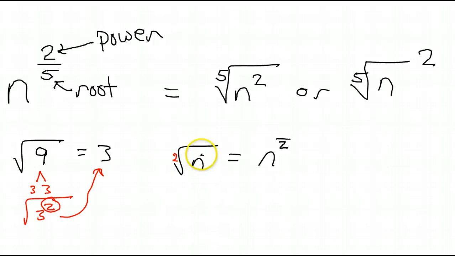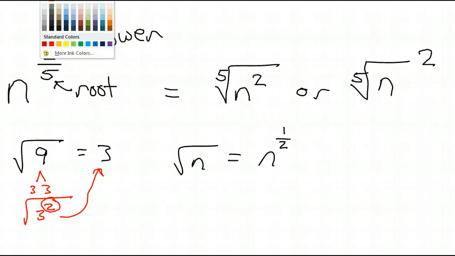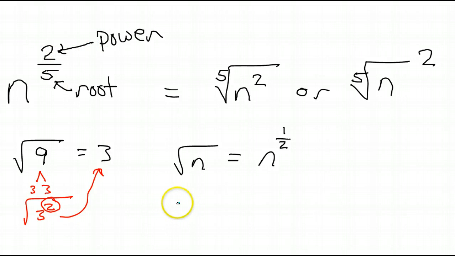Now, of course, there's no power here, so it's understood to be a power of 1. Alright, but we just don't show the 1. Right? So, what we're saying is square root should be the same thing as the 1/2 power. So, for example, if we know that the square root of 9, we know that that's 3, well, that should be the same thing as 9 to the 1/2 power.